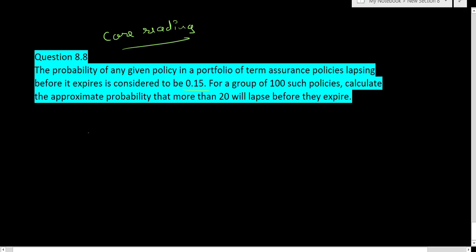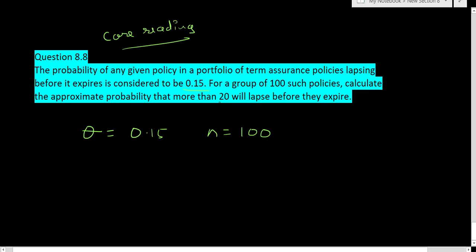This seems to be something like a Bernoulli trial. So for each individual policy, I've got theta equal to 0.15, and in a group of 100 policies, I've got n equal to 100.